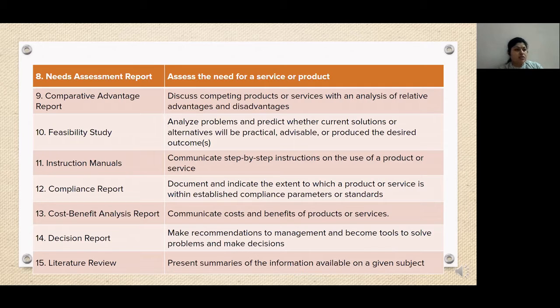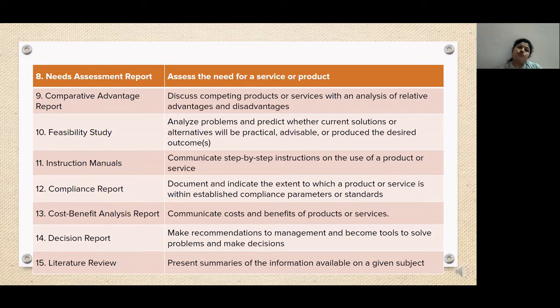So this feasibility study again has different components which analyze specific parts. After these components analyze their parts, an entire feasibility study is prepared, and that is how it communicates whether the project is feasible or not.